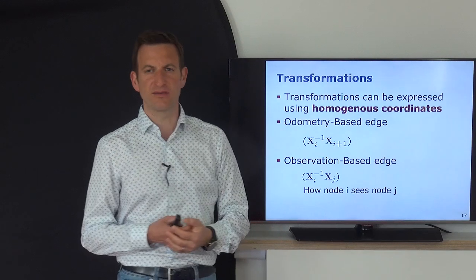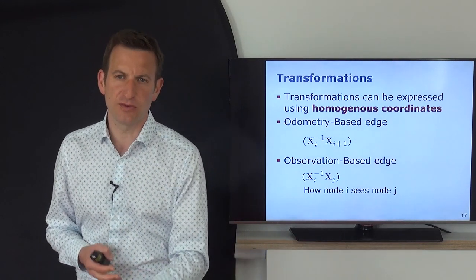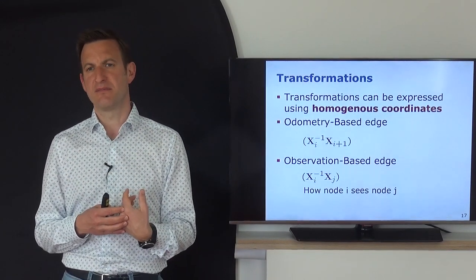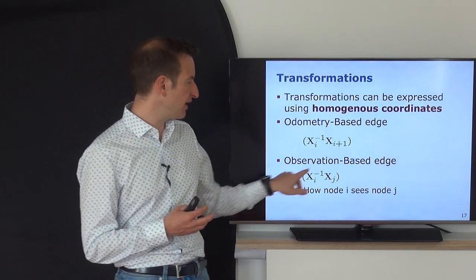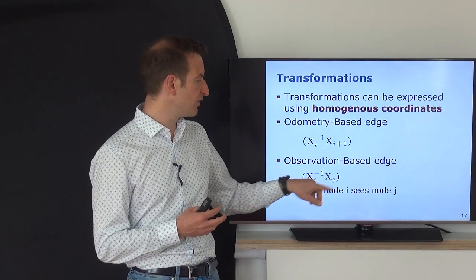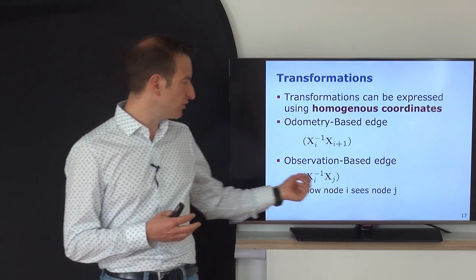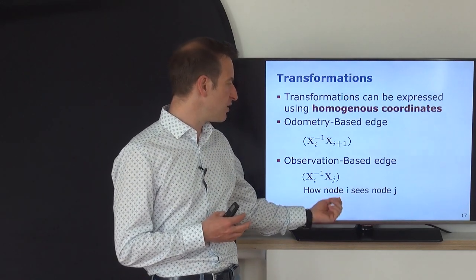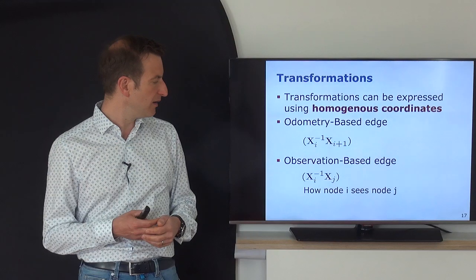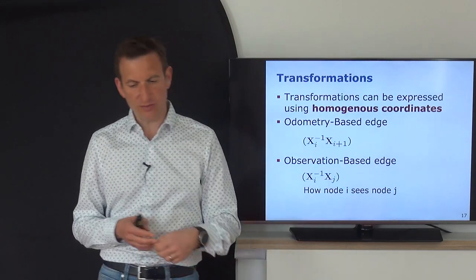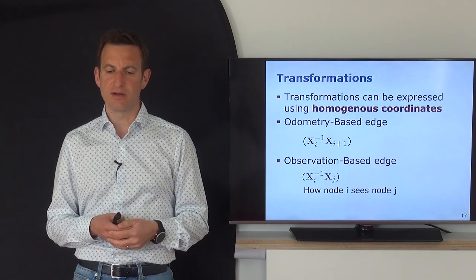Then this is a relative transformation: where is xi plus 1 as seen from xi? And the same holds here. Xi inverse xj means how node j would be seen from node i.